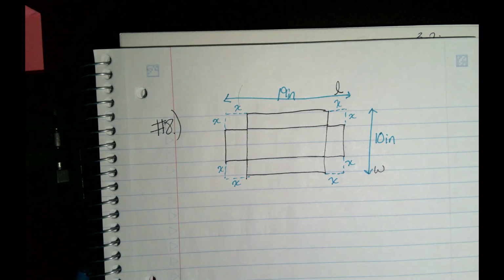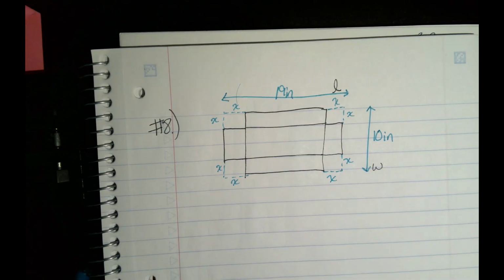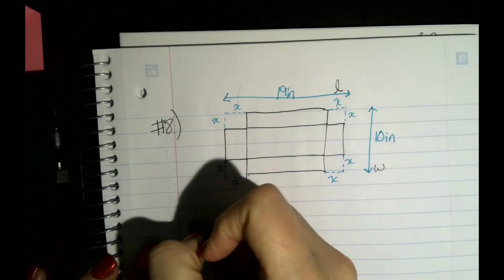If they didn't tell me, it wouldn't matter. Length and width is commutative property when we're multiplying. So that's all the information they gave me in the picture, and I can see that I have a little bit too much information here. That's why we have some x's. And they're asking first to find the length.